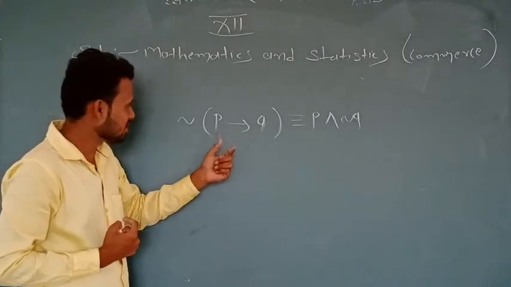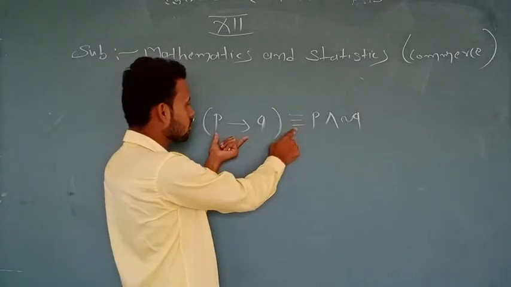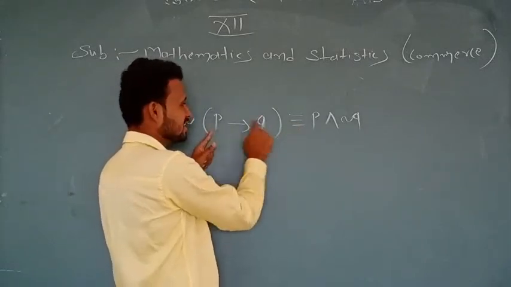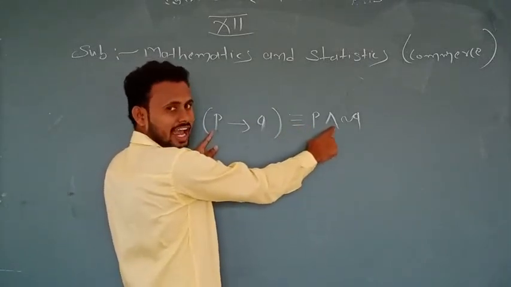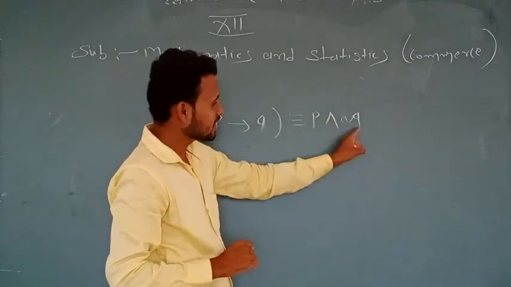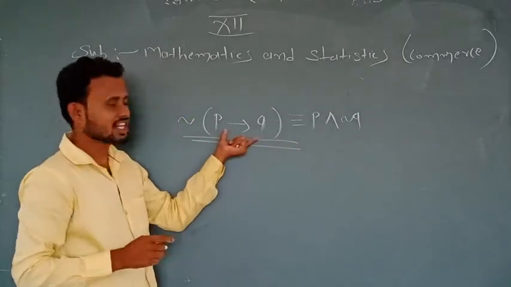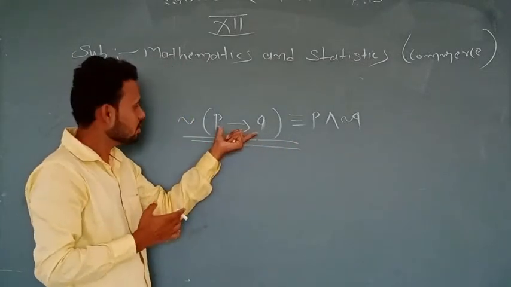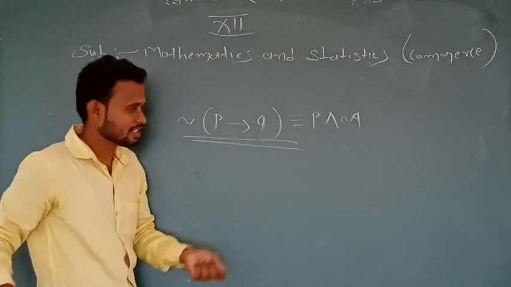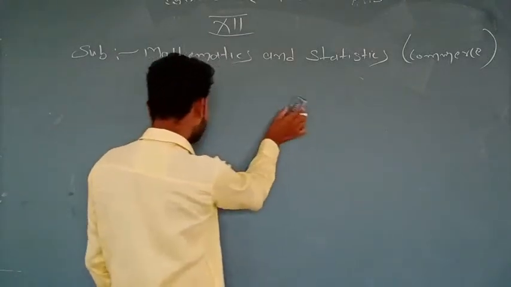The negation of a conditional statement is equivalent to the first statement P as it is, then conjunction, and just take the negation of the second statement. That is the negation of a conditional statement of two simple statements.